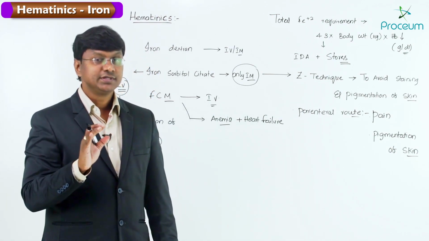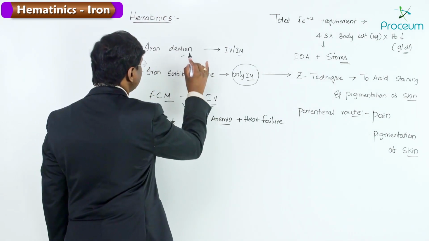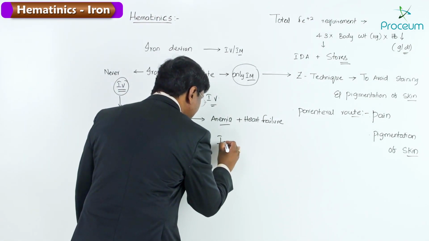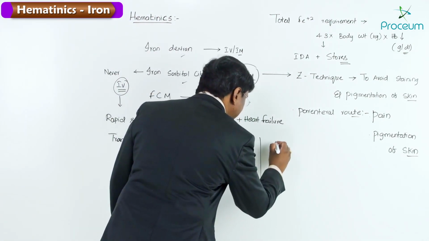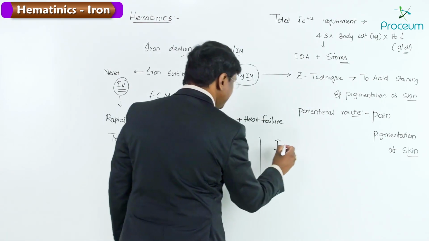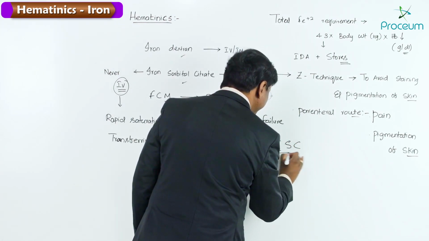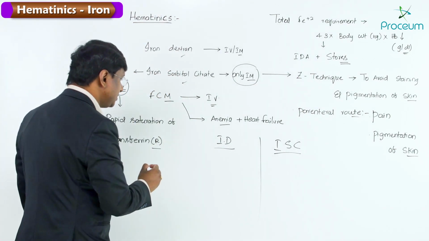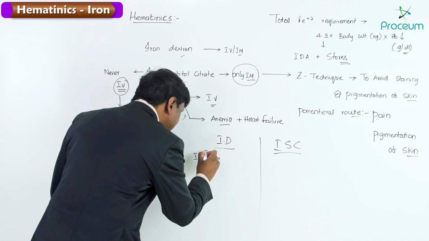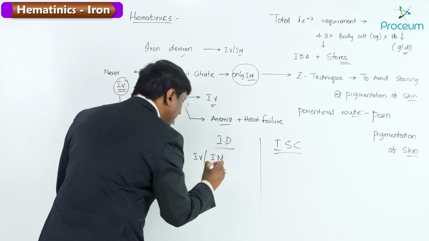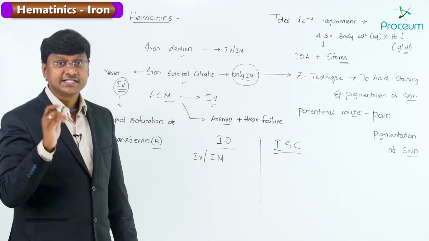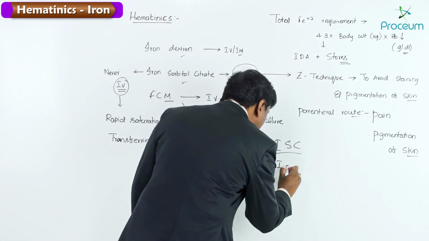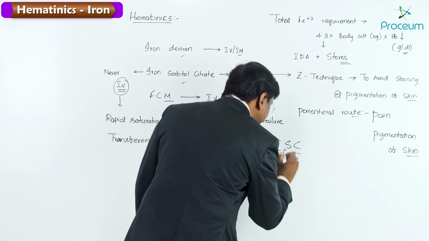Now let me tell you the differences between iron dextran and iron sorbitol citrate. On one side you take iron dextran and on the other side iron sorbitol citrate. Iron dextran can be given through both routes, intravenous or intramuscular. Whereas iron sorbitol citrate has to be given only through the intramuscular route.